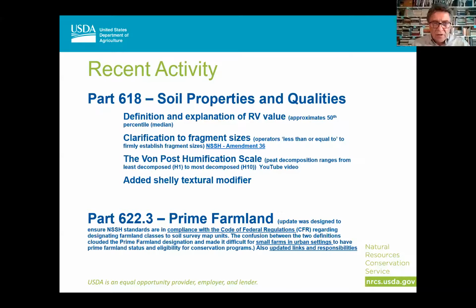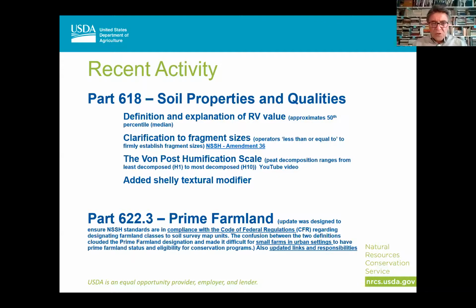And then clarification of fragment sizes. So, okay, we've got very coarse sand, that's 1 millimeter to 2 millimeters. But what if it is exactly 1 millimeter? Is it coarse sand or very coarse sand? And if you're a computer, that makes a big difference. So now there are the less than or equal to signs to get rid of that ambiguity.